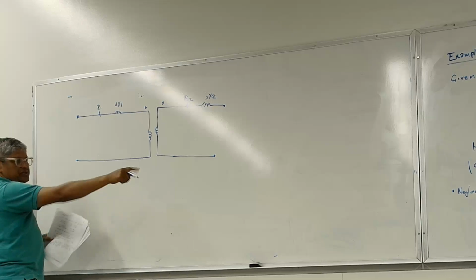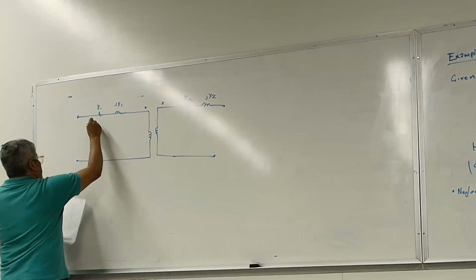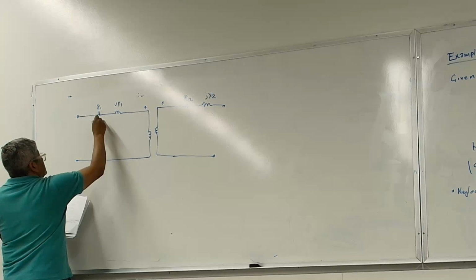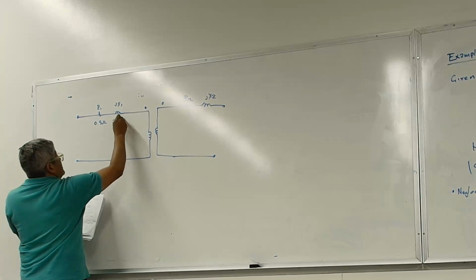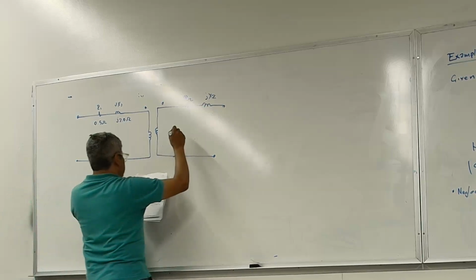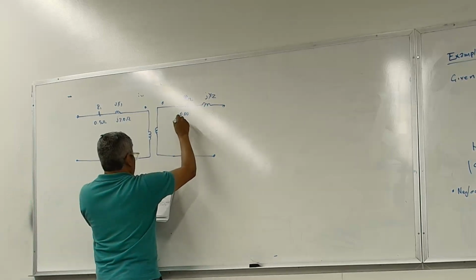Remember, they told us to neglect the magnetizing branch, so we don't have anything there. So this is 0.5 ohms. This is J2 ohms. This is 0.005 ohms.